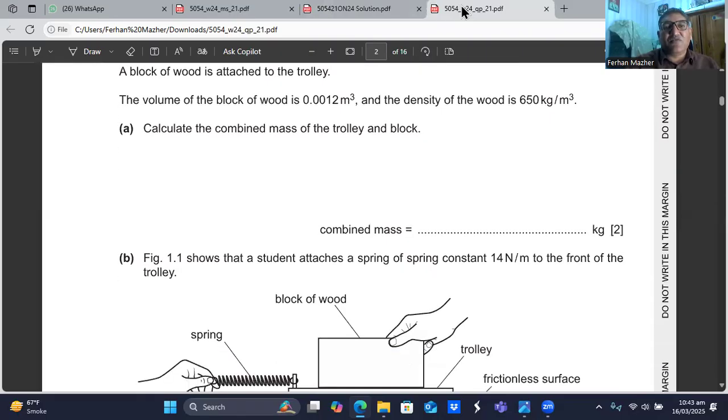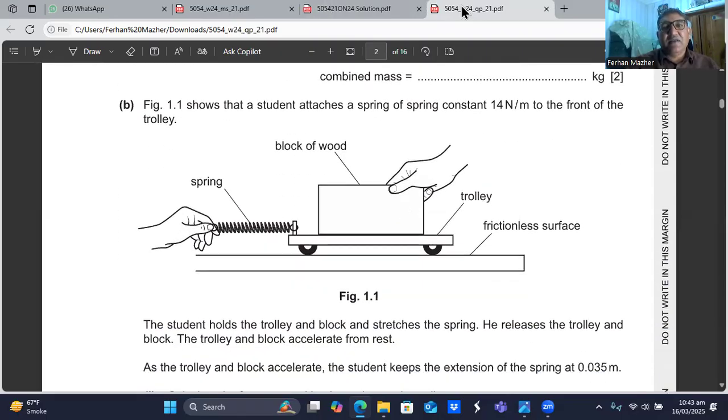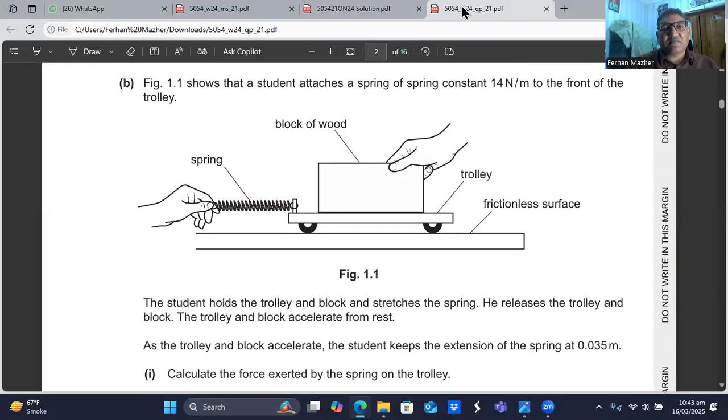This is question number 1, part B. Figure 1.1 shows that a student attaches a spring of spring constant 14 Newton per meter to the front of the trolley. So here you have a spring which is attached to the front of the trolley. Here is the wooden block. Here is that trolley.